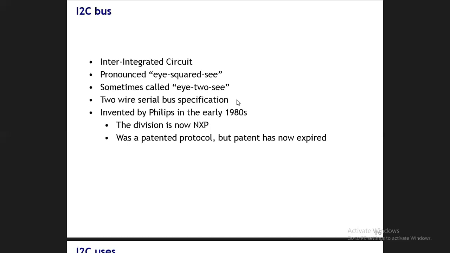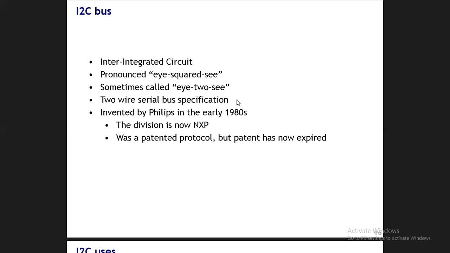This protocol enables peripheral ICs in electronic systems to communicate with other electronic systems, which we can say is a simple communication hardware. Based on the original specification of I2C, data transfer rates of up to 100 kilobits per second can be achieved.